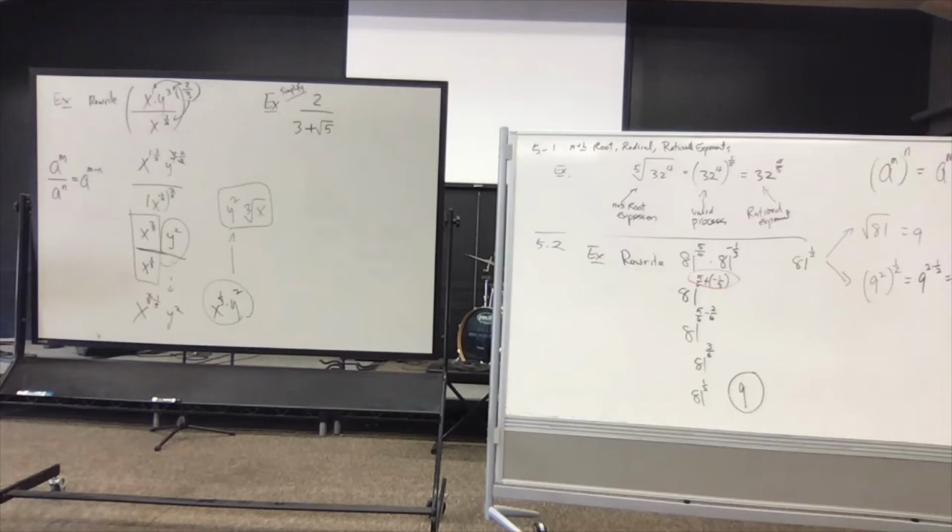The reason it doesn't look nice is because, number one, it's a radical, and this radical is in the denominator. We don't like a radical in the denominator. We want to find every way we can to get rid of the radical in the denominator.